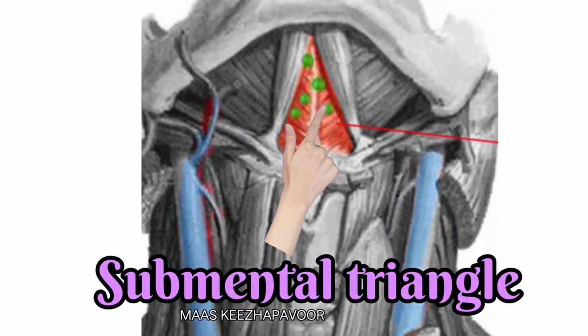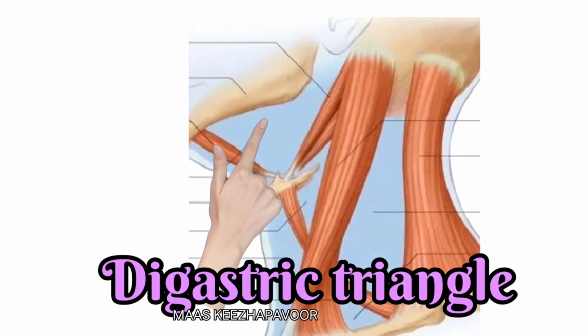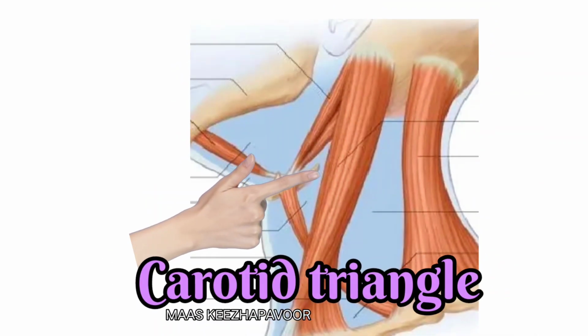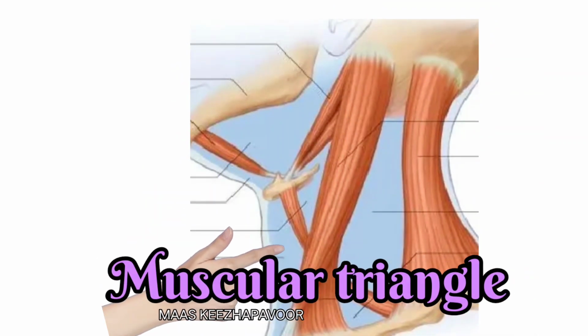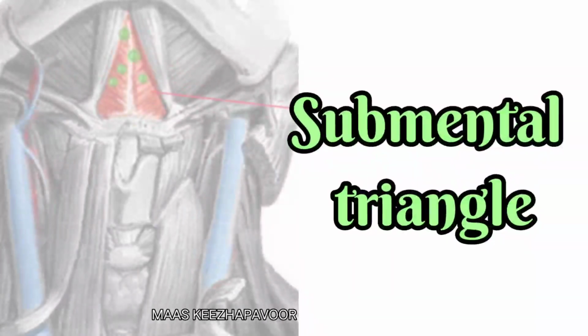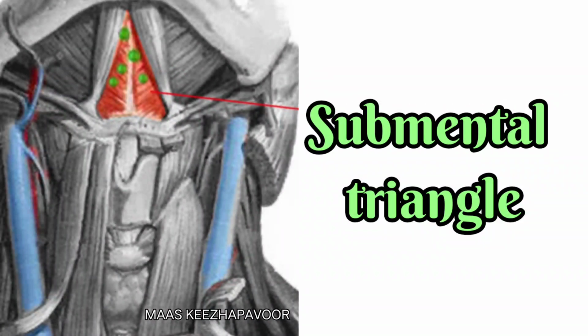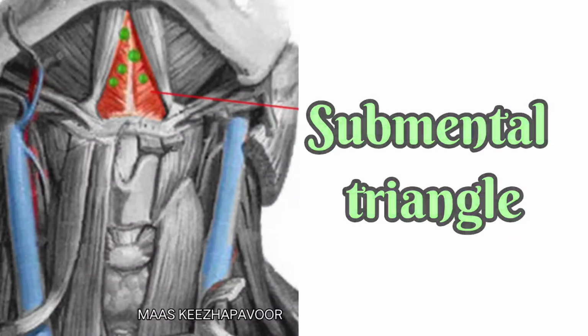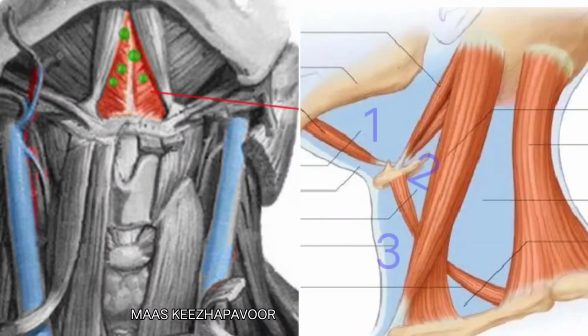The subdivisions of anterior triangle are submental triangle, digastric triangle, carotid triangle, and muscular triangle. Out of these four, the submental triangle is unpaired, whereas the other three are paired triangles.